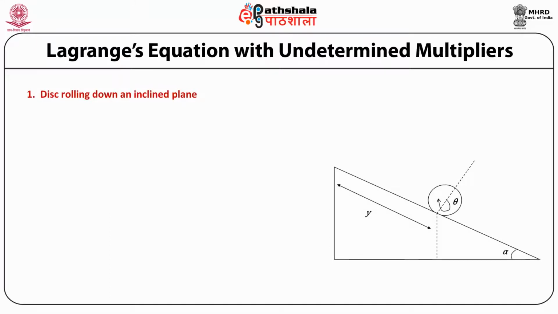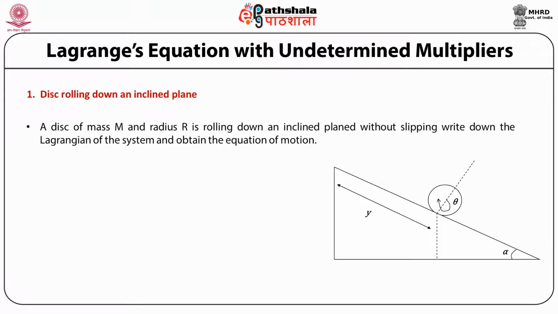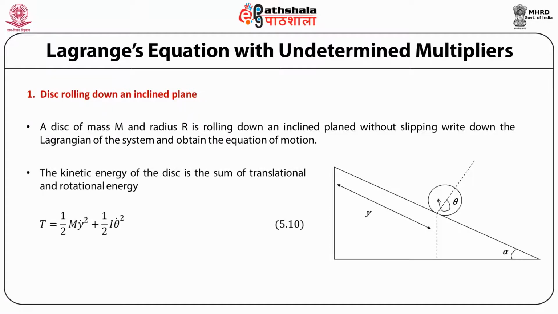Let us consider a disk which is rolling down an inclined plane. The problem we are considering is of a disk of mass m and radius r, rolling down an inclined plane without slipping. We have to write down the Lagrangian and obtain the equations of motion. The kinetic energy of the disk is the sum of the translational and rotational energy.